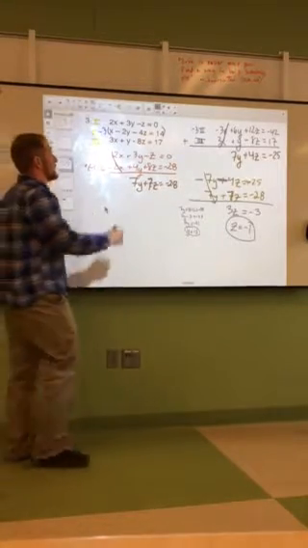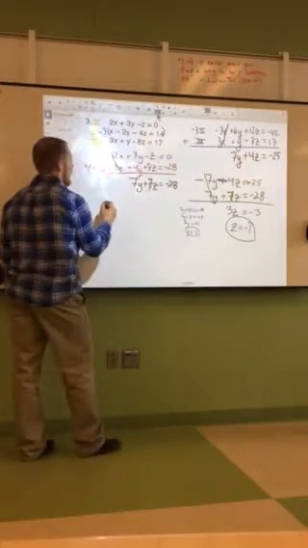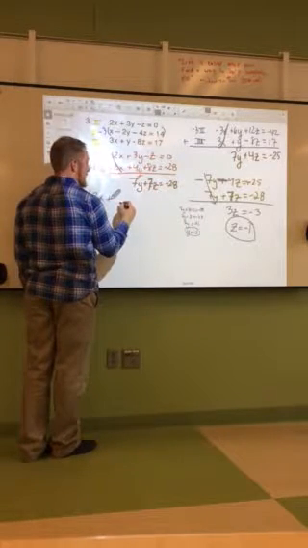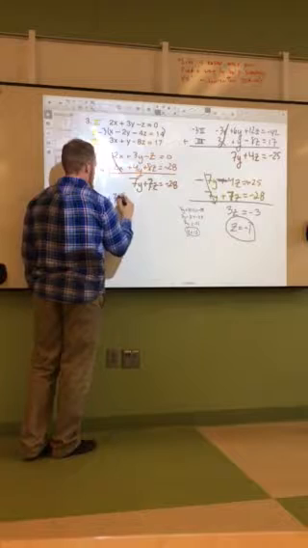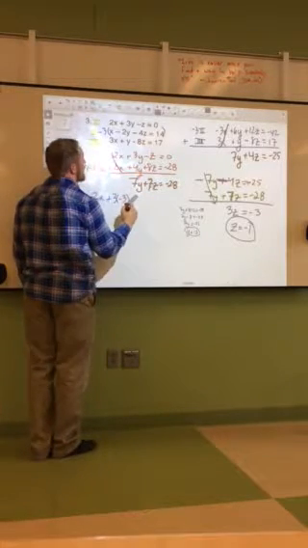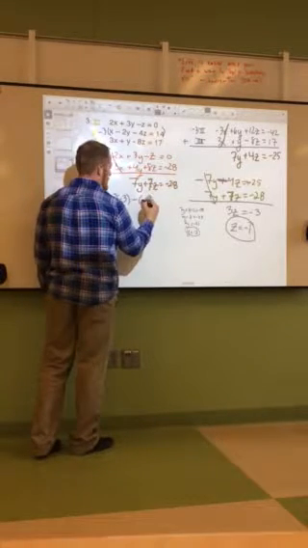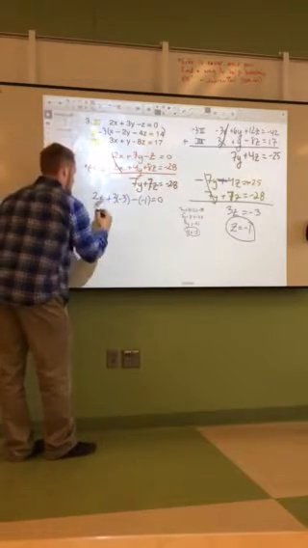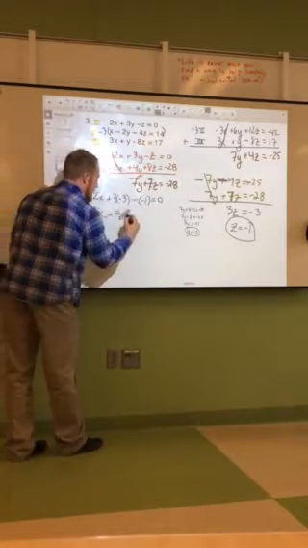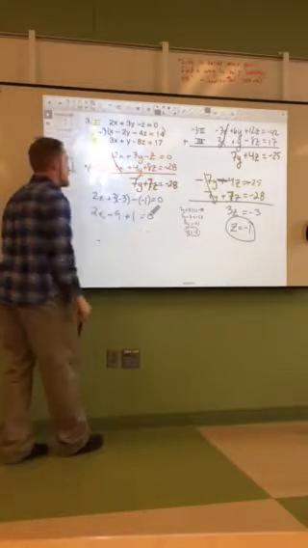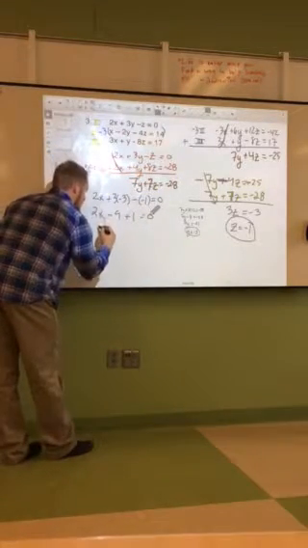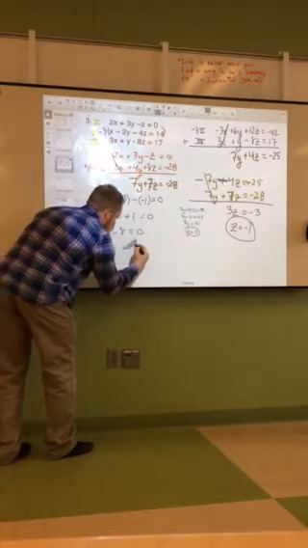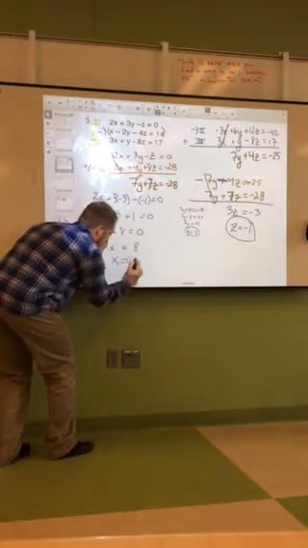I'll just go with the top one. 2x plus 3 times y, which is negative 3, minus z, which is negative 1, equals 0. So I have 2x minus 9 plus 1 equals 0. So I have 2x minus 8 equals 0, 2x equals 8, x equals 4.